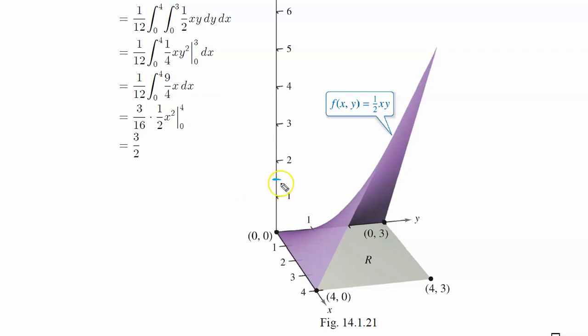Now, if we form a box with base being the region R and height being 1.5 like this, let me just draw that in here.